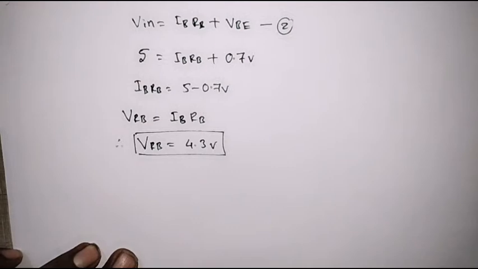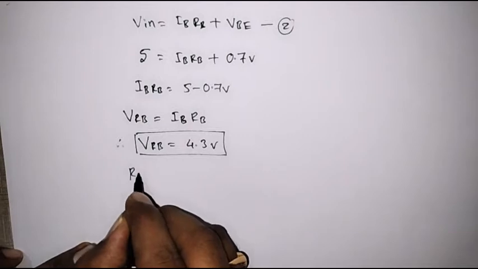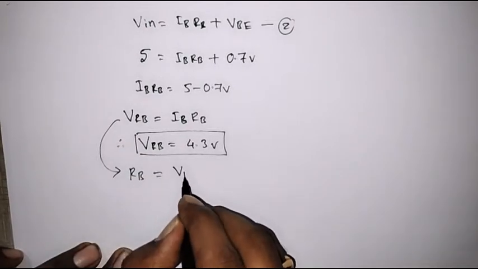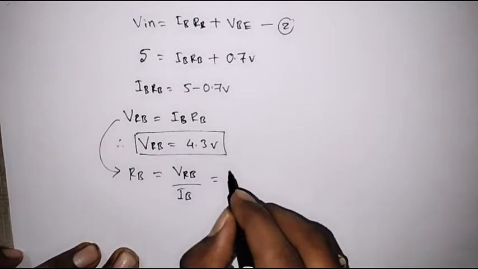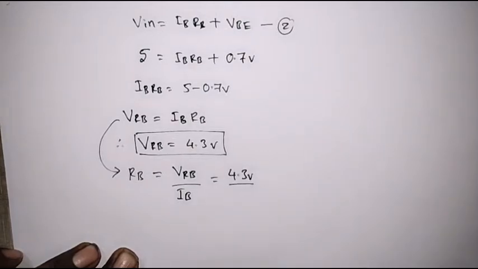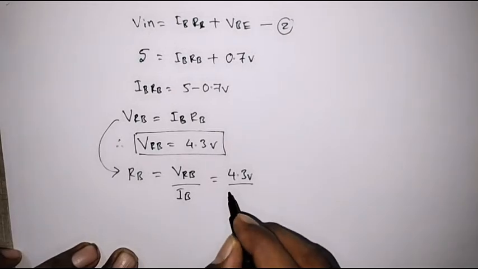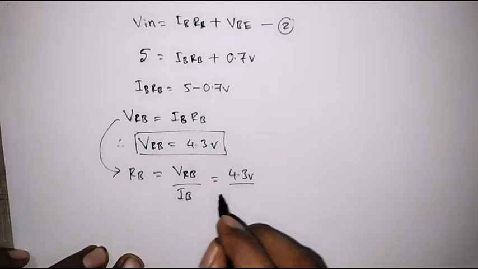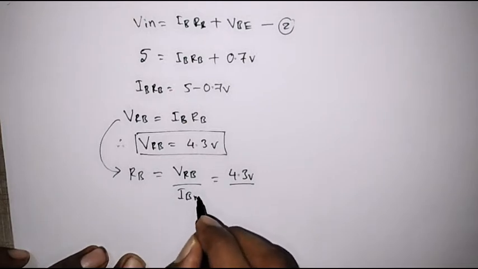Now we are supposed to calculate the maximum value of RB. Therefore from this equation I can write RB is equal to VRB divided by IB. VRB is 4.3 volts and the IB value we have already calculated, that is 98 microamps. RB max will be obtained when the IB value is minimum.